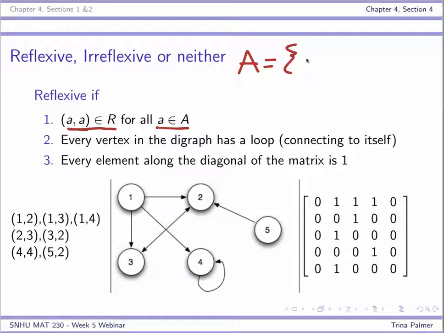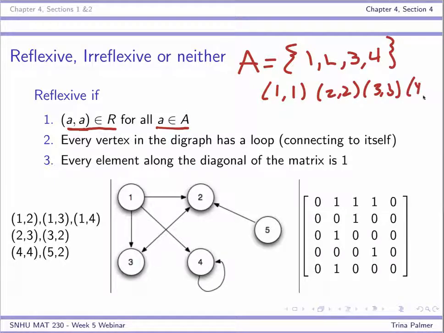A is where we get the elements that are in my pairs: 1, 2, 3, and 4. Because A consists of 1, 2, 3, 4, the pairs (1, 1), (2, 2), (3, 3), and (4, 4) all have to be in there in order to be reflexive. I can just look at my set of pairs here and see that (1, 1) is not in there, so I can stop. It is not reflexive because (1, 1) is not in there.